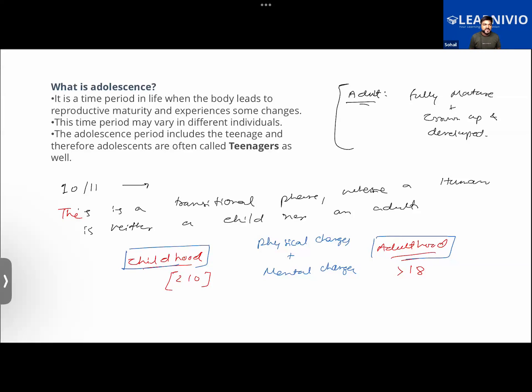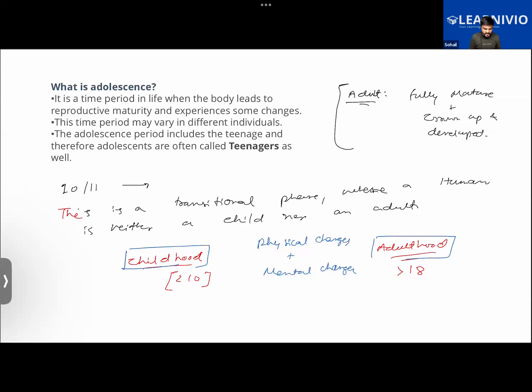Adolescence is a broader term in which all the changes occur, whether it be the growth of hair on the face, in the armpits, and in the pubic region, change in the voice, growth of muscles, increase in height, etc., along with growth of sexual organs.